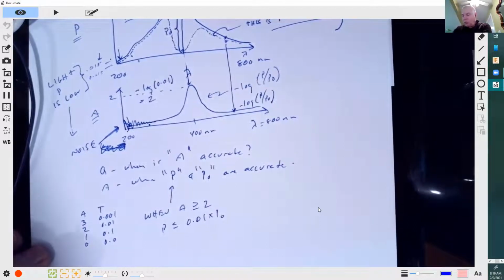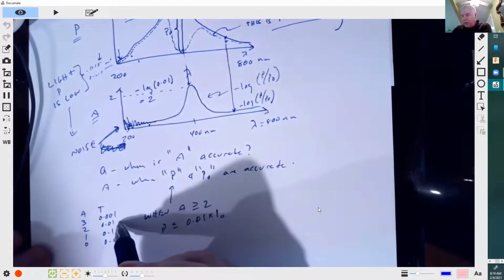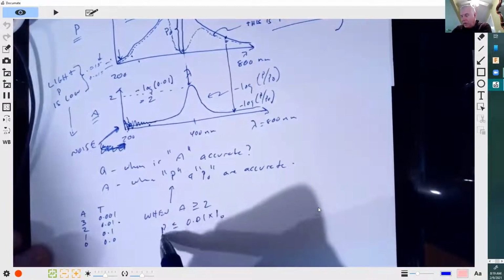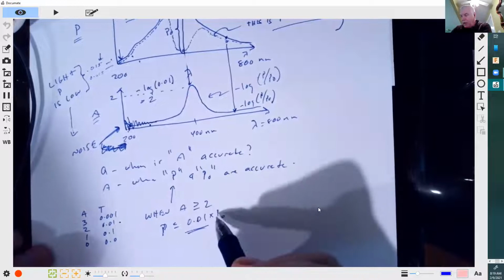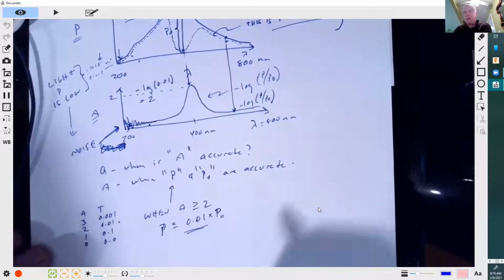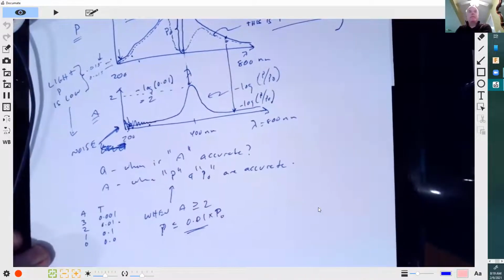So when the absorbance is greater than 2, the light power that reaches the detector is less than 0.01 times P0. The reason it's inaccurate, and you reject it, is because the noise interferes with the absorbance.